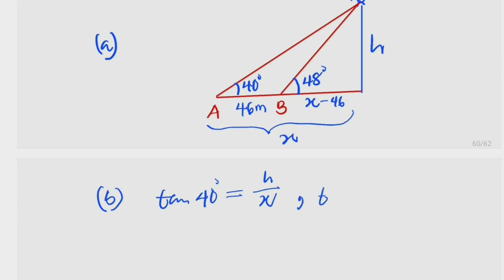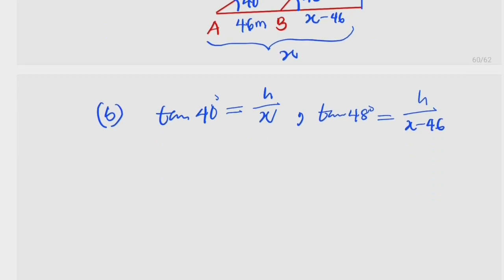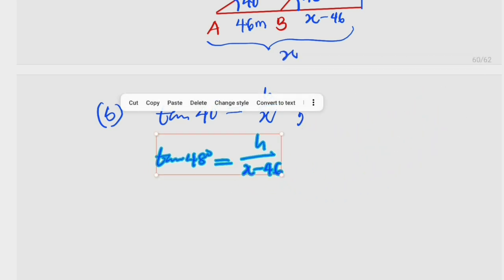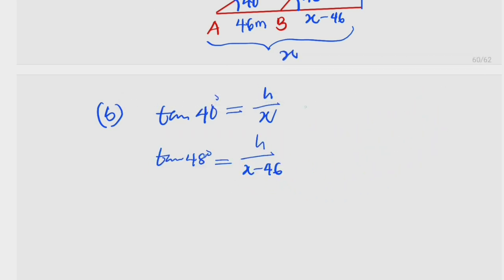Then the other one, tangent of 48 degrees, which is this one, will be the opposite divided by the adjacent, which is x minus 46. So I think we can make x the subject here and substitute it into the second equation. So let me drop this down so that we have two equations, 1 and 2. This is our first equation, while this is the second one.